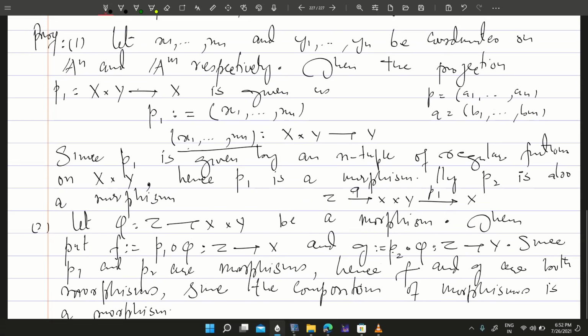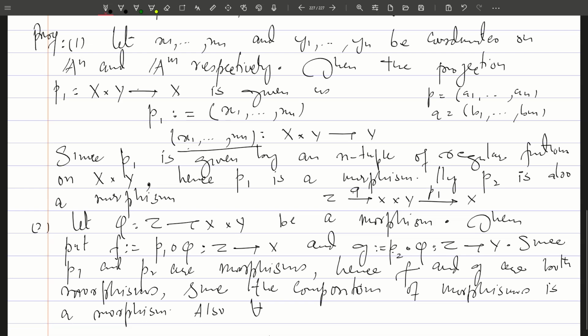Now also, for all little z in Z, if we write phi of z, p1 of phi of z gives the X component of phi of z, and p2 of phi of z gives the Y component.